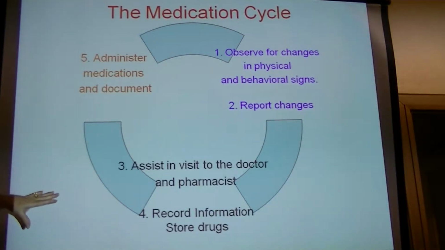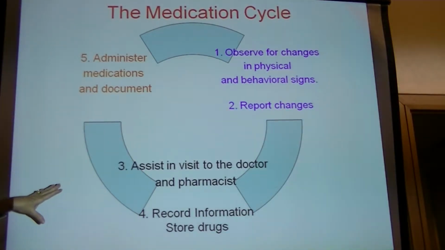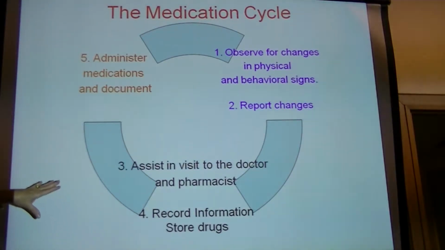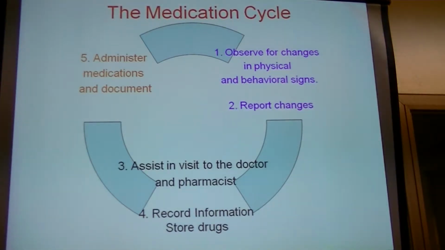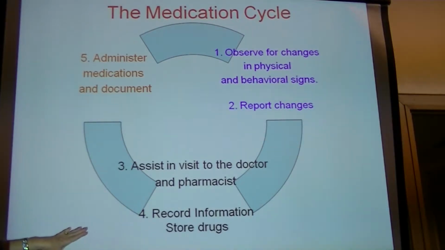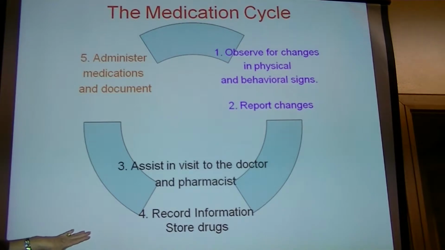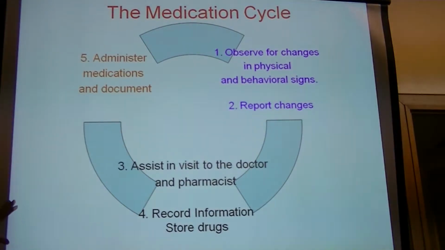When we go to the doctor, there's certain things we need to take with us so that we can communicate correctly. From the doctor, we may receive a prescription that we need to take to the pharmacist. From the pharmacist, we get the medication and bring it into the home, and we have to record this in a certain way and store it correctly. There's certain things that are required of us in the storage of our medication. Medications are drugs.